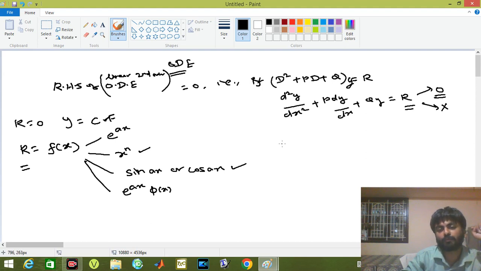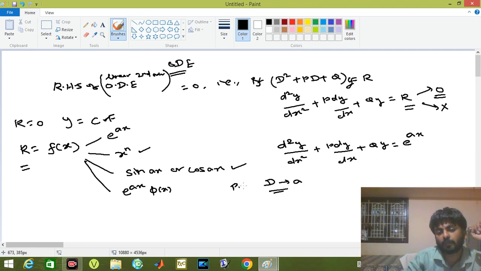Suppose I have d square y by dx square plus p dy by dx plus q y equal to e power ax, means the first thing is I have to replace d by a, to find the particular integral.